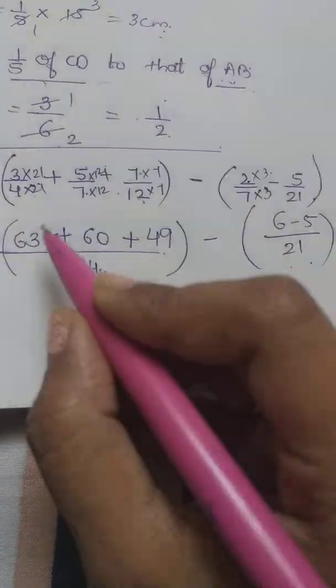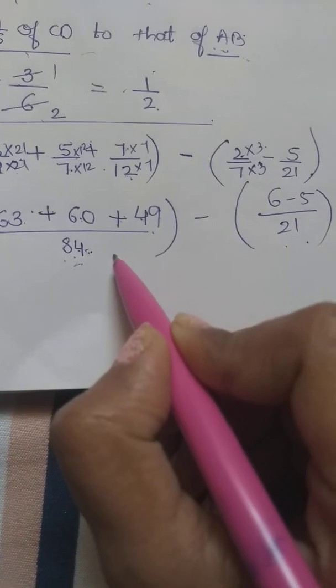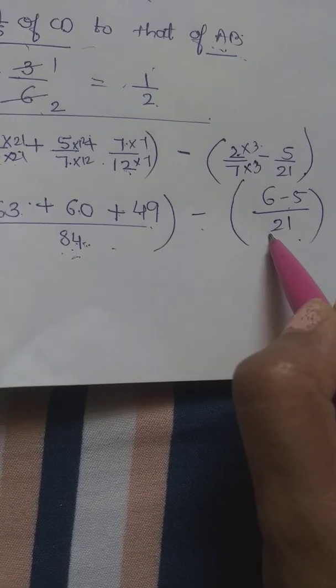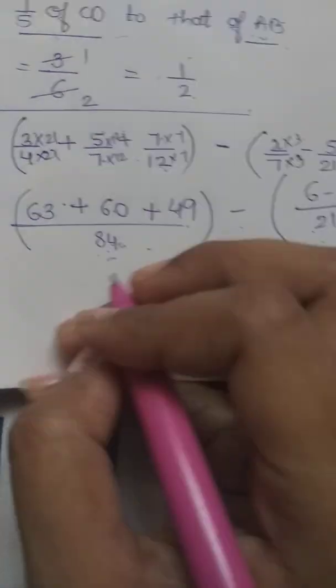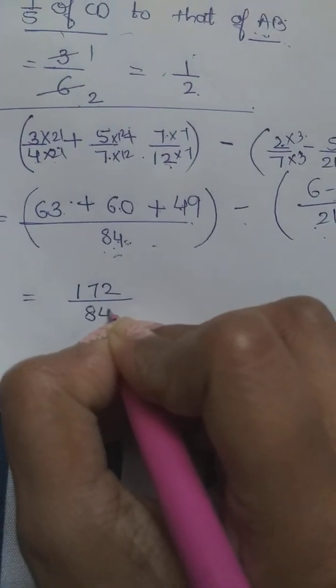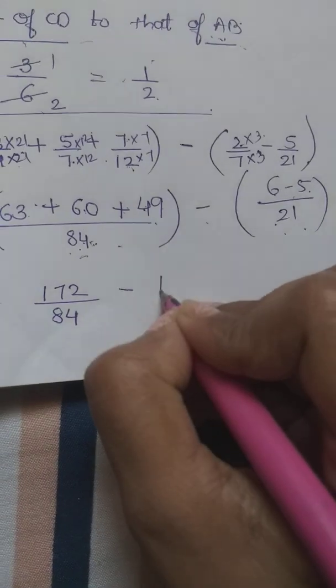We'll zoom out slightly: 63 plus 60 plus 49 by 84, minus 6 minus 5 by 21. Add all these three, you will get 172 by 84, minus 6 minus 5, 1 by 21.